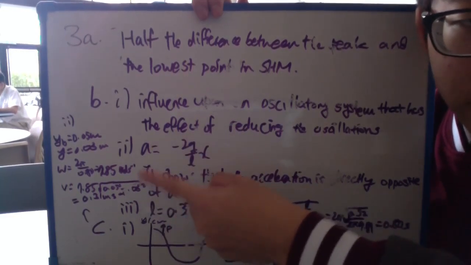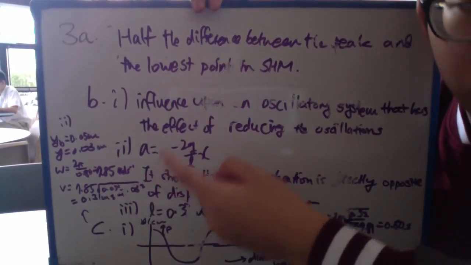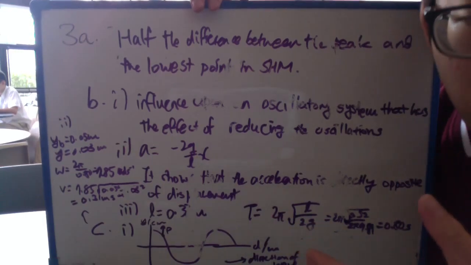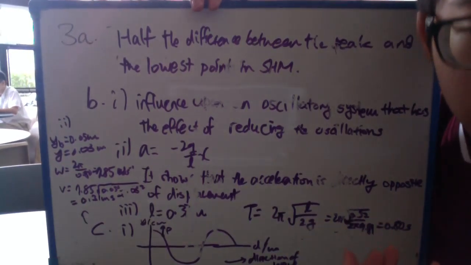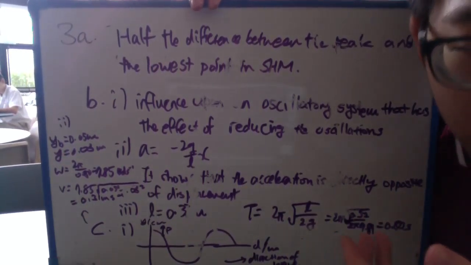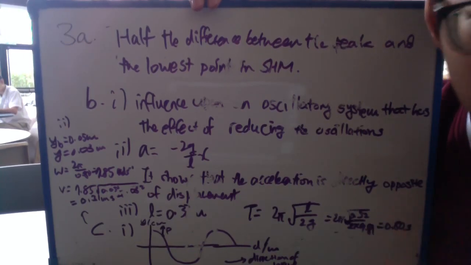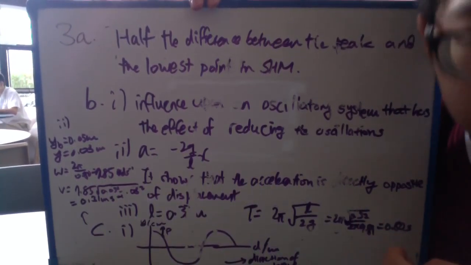We also know that omega is equal to 2 pi over the period, and the period is 0.80. So omega is equal to 7.85 radians per second.